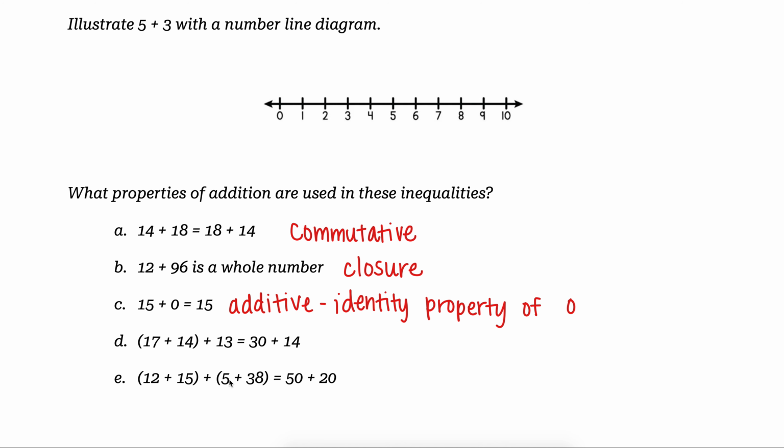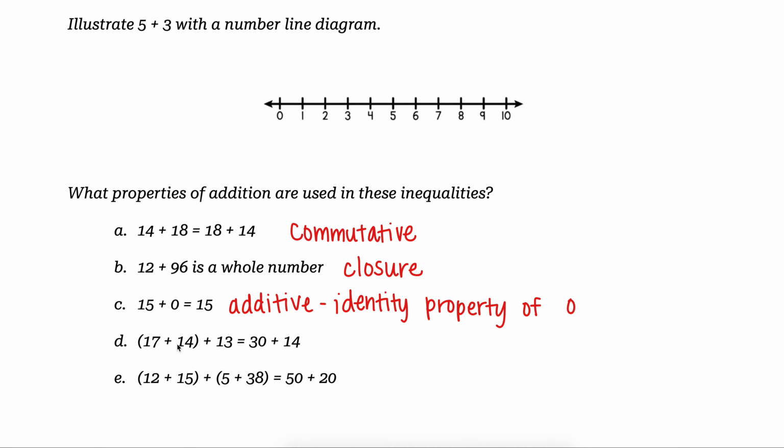And the last two actually are going to illustrate two properties each, and it's going to be the same two properties. So I have 17 plus 14 in parentheses plus 13 equals 30 plus 14. So there's a couple things that are happening here. One, the order is changing.